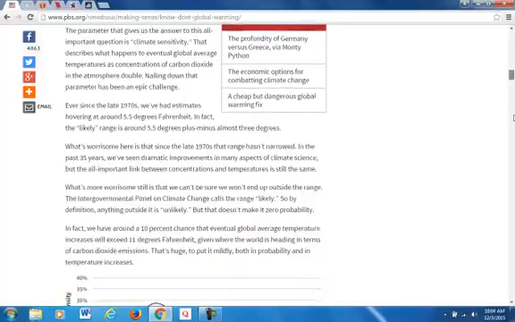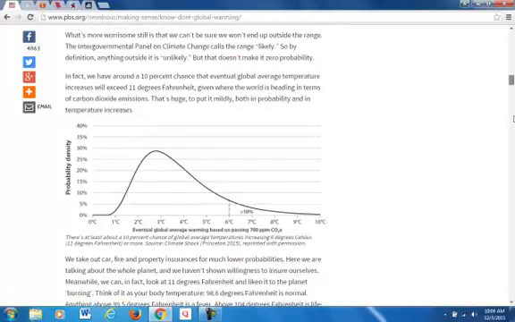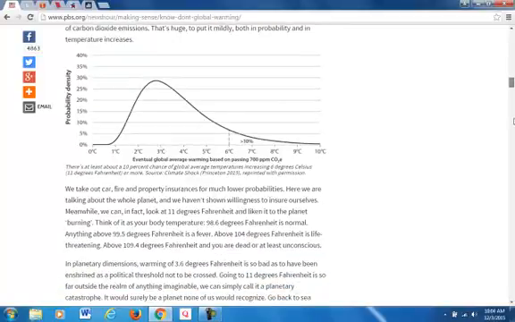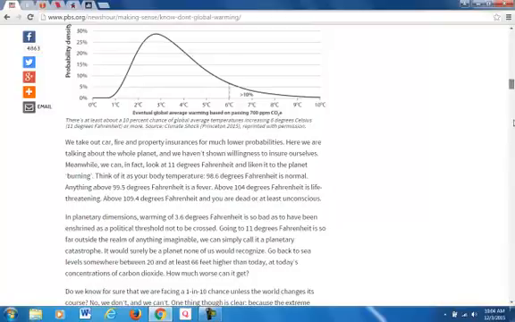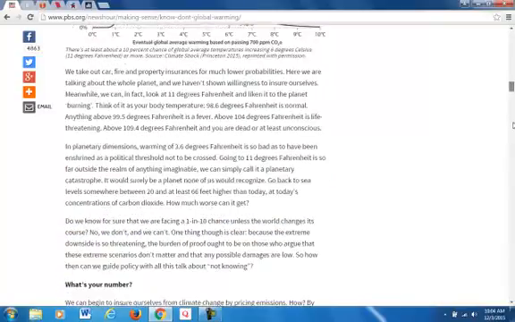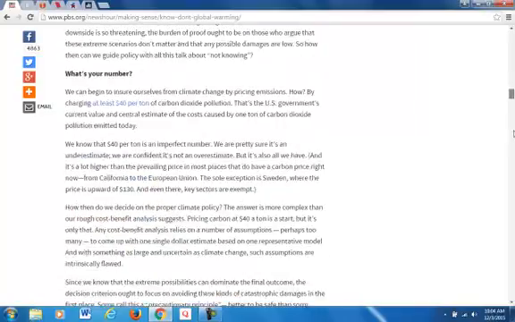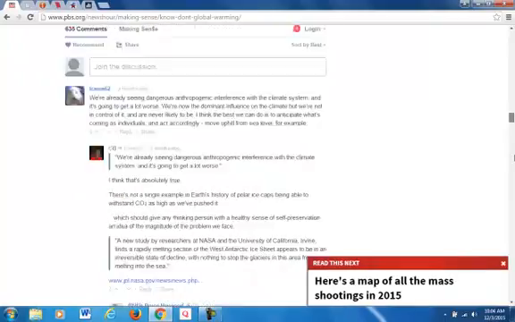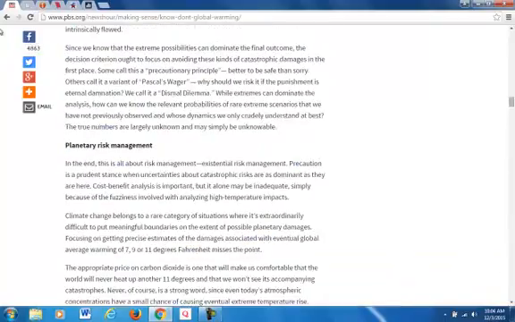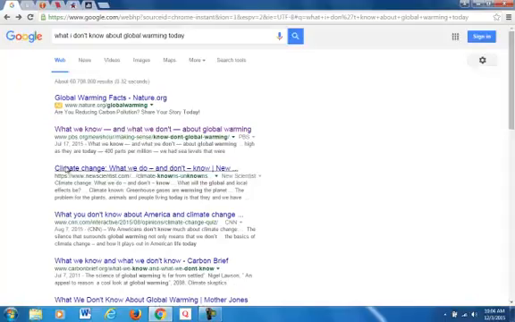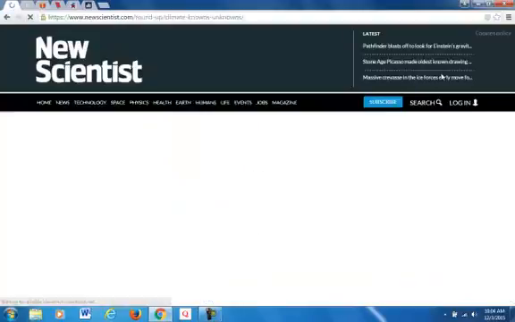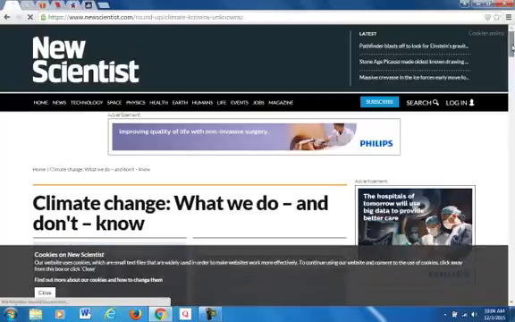It has a graph here about probability and the eventual global warming based on passing 700 ppm carbon dioxide emissions. So I'll look through that, planetary risk management, and I would get curious also, and I'll see how long maybe scientists would say we'd have left. I guess if they have that online.